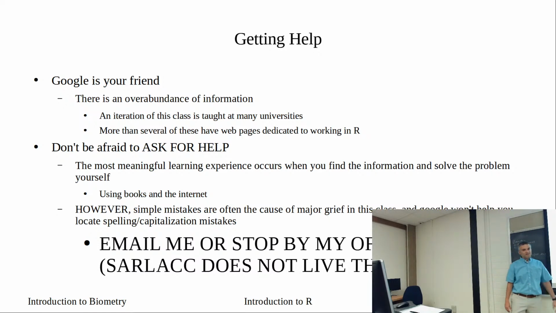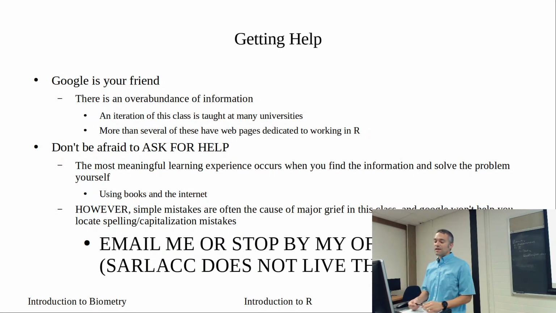Or maybe you're at home. Just shoot me an email. All right. The error messages will come. You will get them. All right. I get them. All right. But don't let them stop you. Just take a picture of the error message or copy the error message and say, this is what I'm getting. If you email me, I'll need to know what you were doing. What was the code that you were executing?